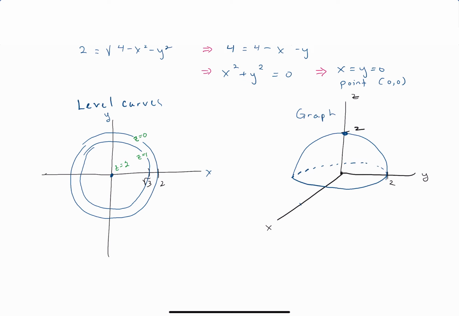And what about that contour line at z equals 1? So that is at height 1 above the xy-plane. And what we determined was that what we get there is a circular cross-section of radius square root of 3.